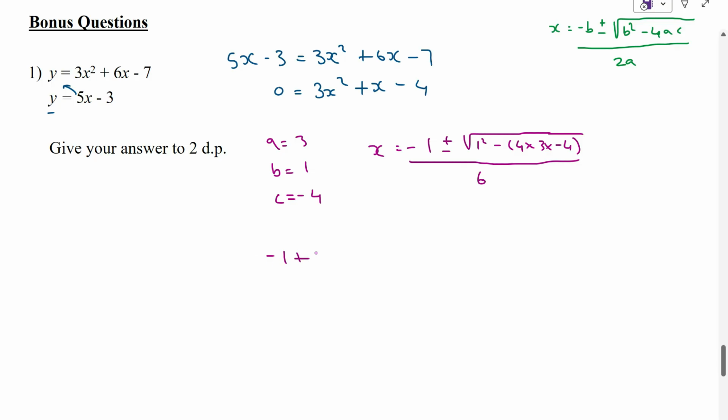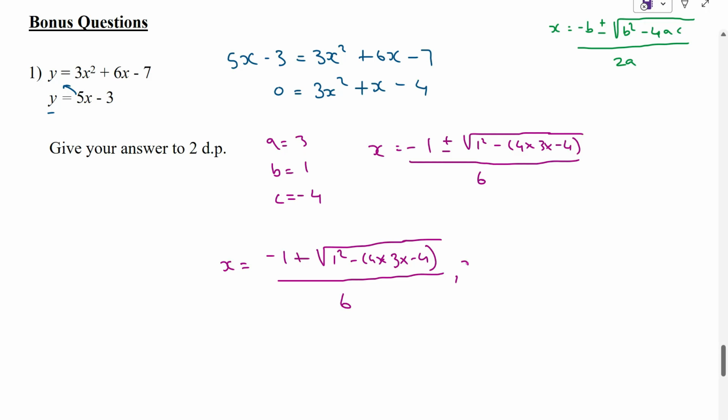So minus 1 plus the square root of 1 squared minus 4 times 3 times minus 4, all over 6.